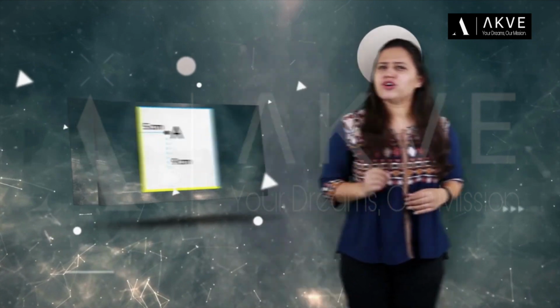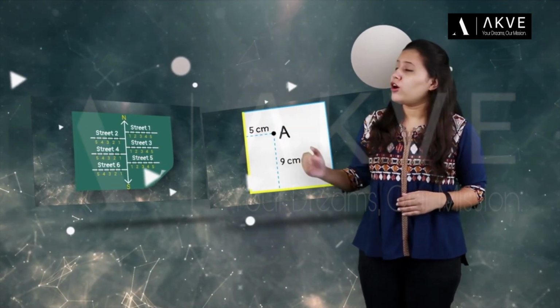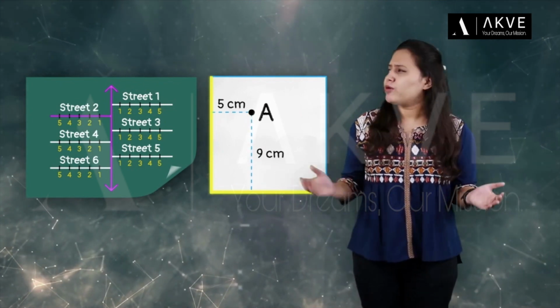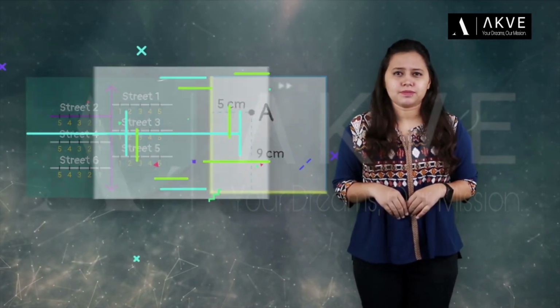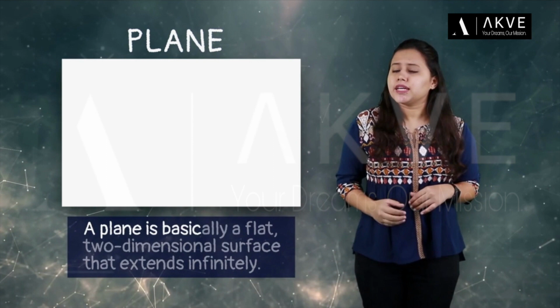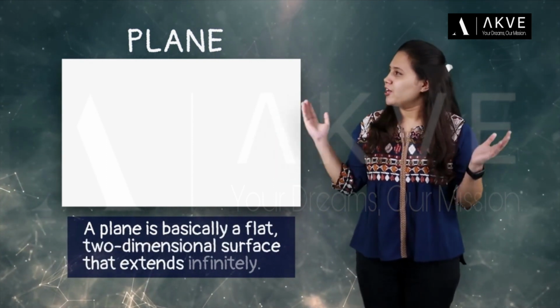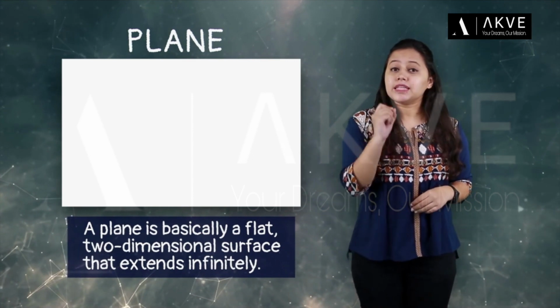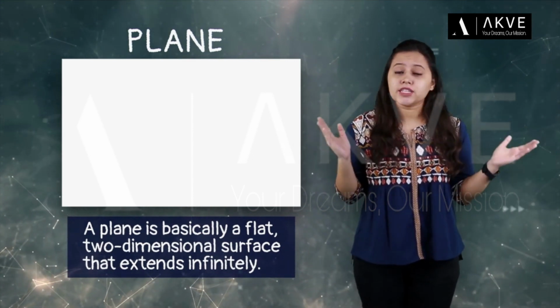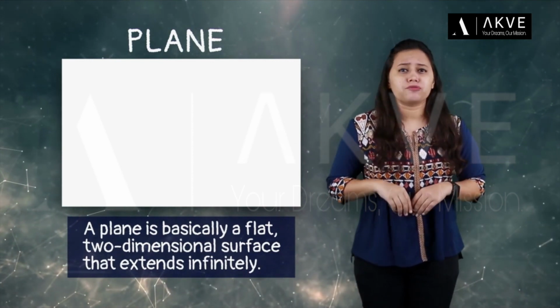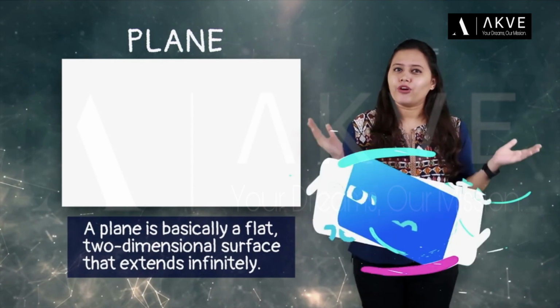Great. So we saw that the position of any object lying in a plane can be represented with the help of two perpendicular lines. A plane is basically a flat two-dimensional surface that extends infinitely far. This simple idea has far-reaching consequences and has given rise to a very important branch of mathematics known as coordinate geometry.